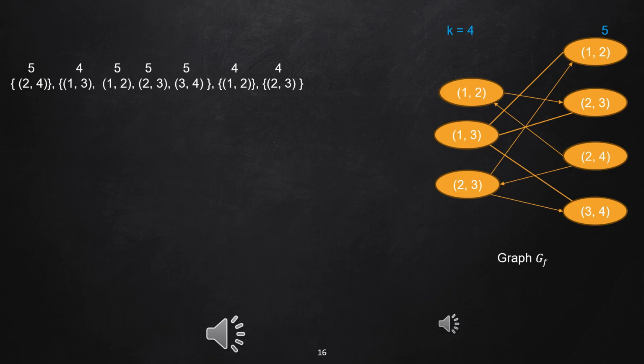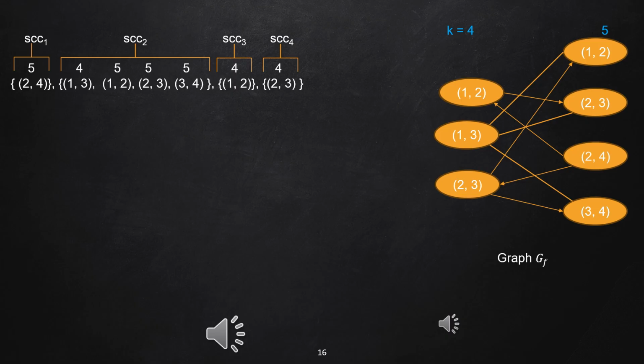Finding strongly connected components in this graph is easy. Notice that the destination node 2, 4 has only arcs going out of that node. Hence, this is a strongly connected component by itself.